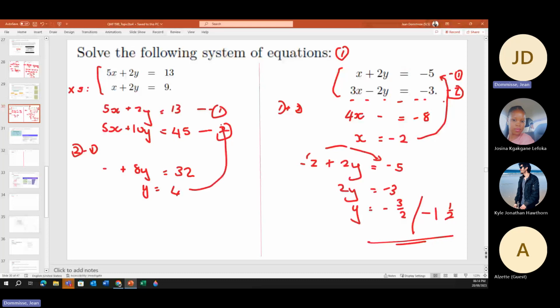I put y back into, let's say, that function. So x plus 2 times 4 is equal to 9. So x plus 8 equal to 9, and x is then equal to 1.